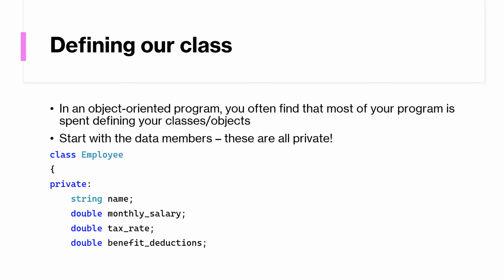We're going to spend the next 5 minutes on defining the class, and then the final program will go bang, bang, bang. So class Employee starts with a private section, and we start by defining the data members. String name, double monthlySalary, double taxRate, double benefitDeductions. These are all private, so they're all going to be set by the constructor, and then they can be modified by setter functions, but they're not going to be modified directly by the program.